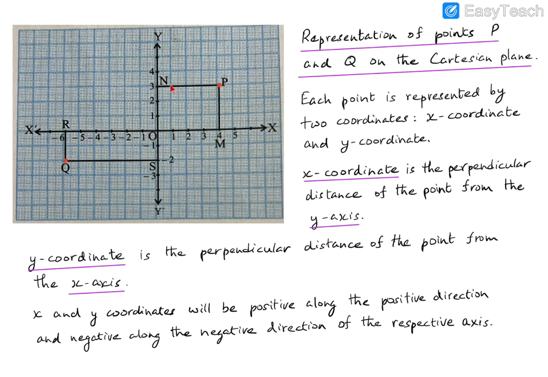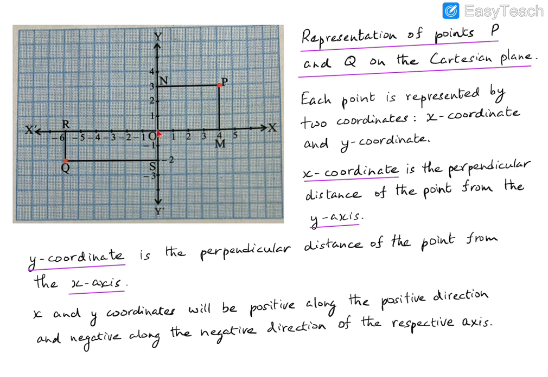So basically the PN is going to be the same as OM here. Because it forms a rectangle here, the opposite sides will be equal. So whatever is PN, OM is also going to be the same.